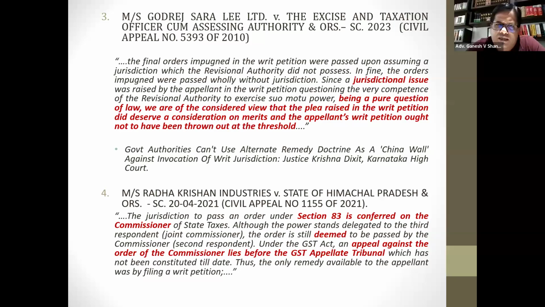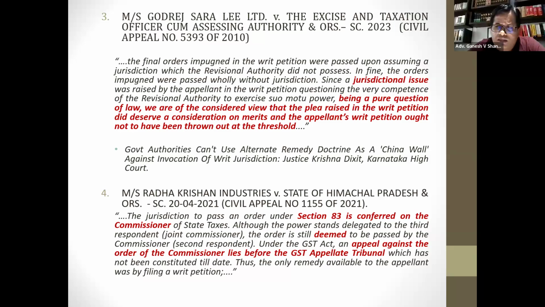So Supreme Court said this is a question of law on the jurisdiction which was raised by the petitioner Godrej, and this should have been admitted and accepted because it needed consideration on the part of the High Court. So this is the important observation which is used by petitioners in many cases where there is a jurisdictional issue.